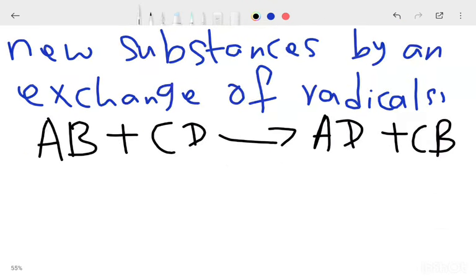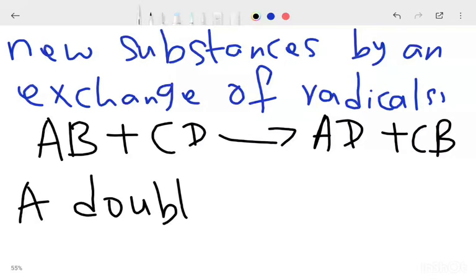Now, before I explain this particular one, write this statement down.